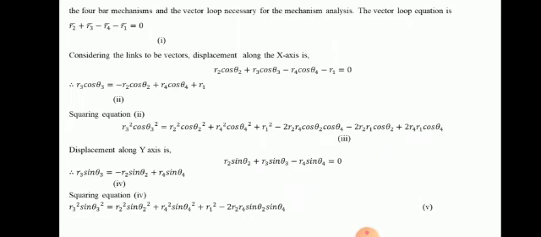And for the y-axis displacement, squaring the equation, we get R2 square sin square theta 2 plus R4 square sin square theta 4, minus 2 R2 R4 sin theta 2 sin theta 4, equation 4.